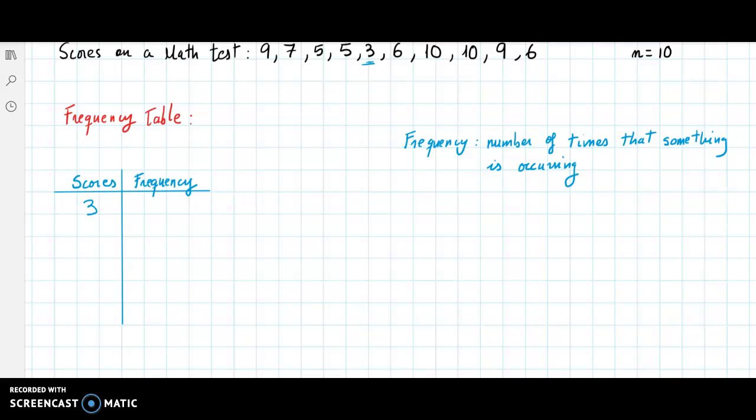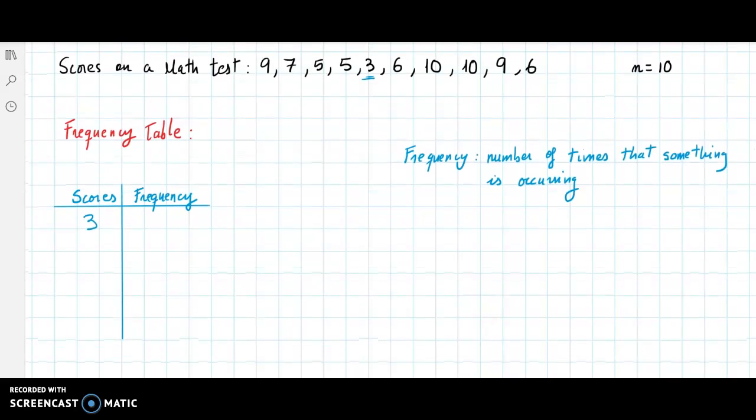What is the frequency of 3? We have to count how many times the 3 occurs. Only one, so 1. Next, the 4 after 3, but there is no 4, so the frequency is 0.